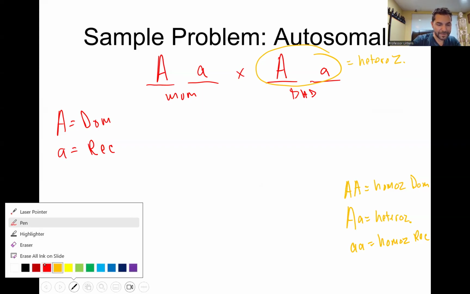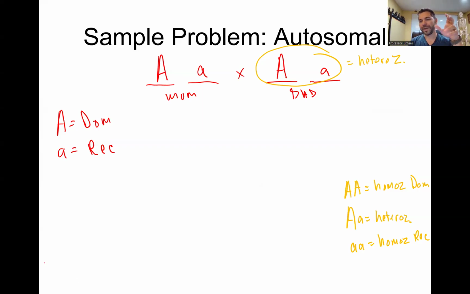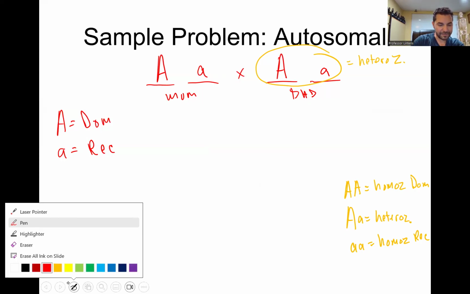So, tips. Always write out what the dominant and recessive allele mean. I'm giving you this all at once, but then we'll do an actual problem. We know big A is dominant, little a is recessive.